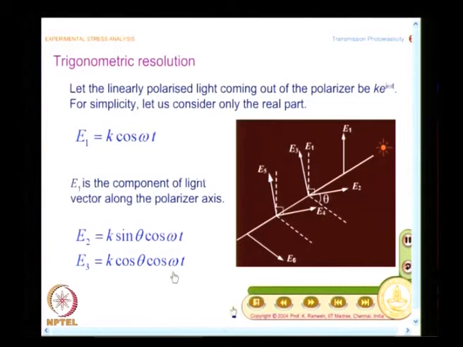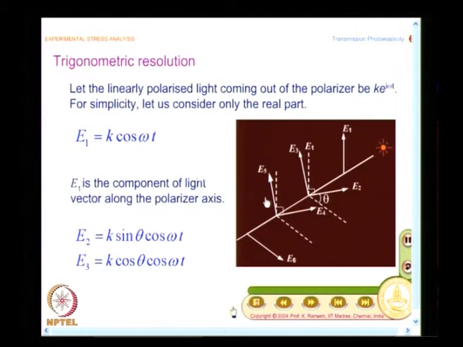If you recall the discussion that we had on retardation plates, we spent sufficient time looking at what happens to the incident light when it hits the model and what happens within the thickness of the retardation plate. A similar thing we will have to look at here. So, for directions E2 and E3, you are able to write the light vector comfortably.